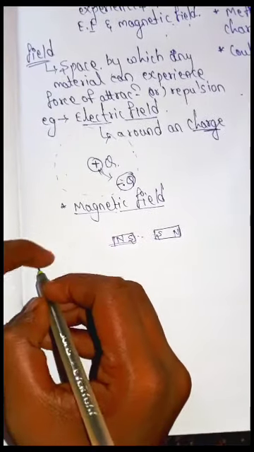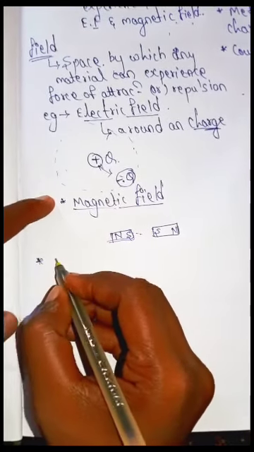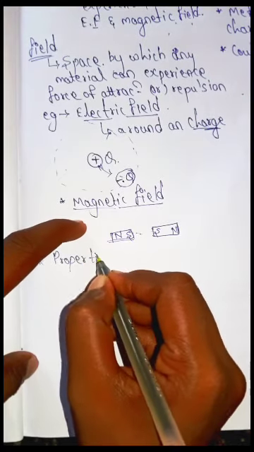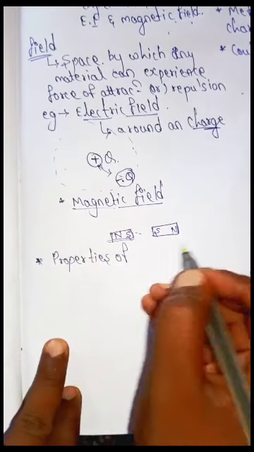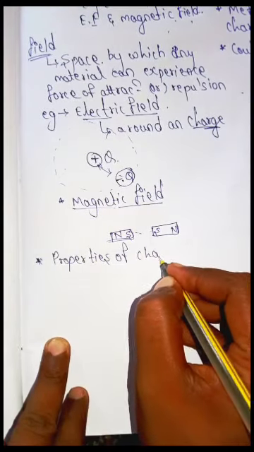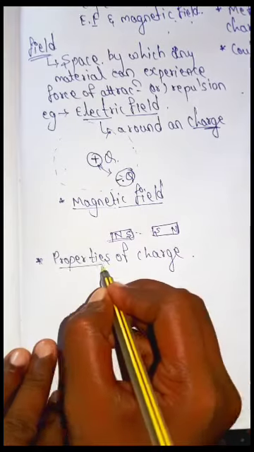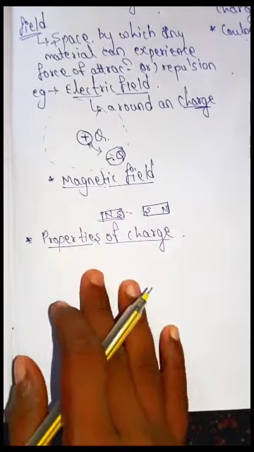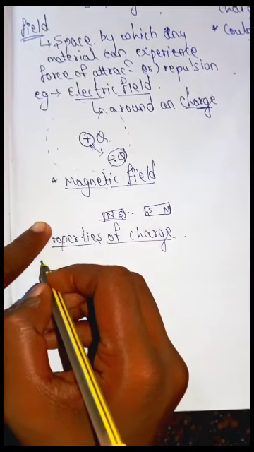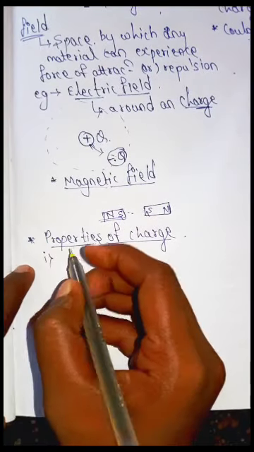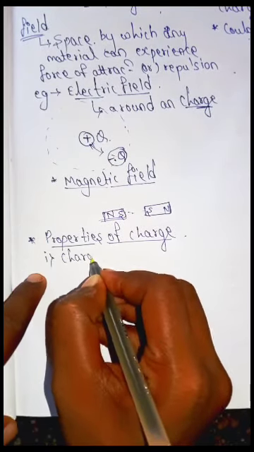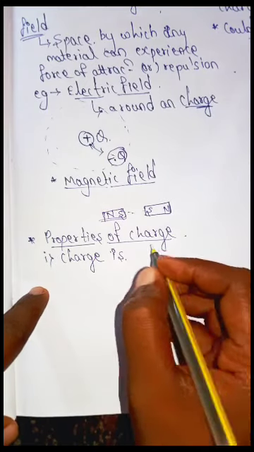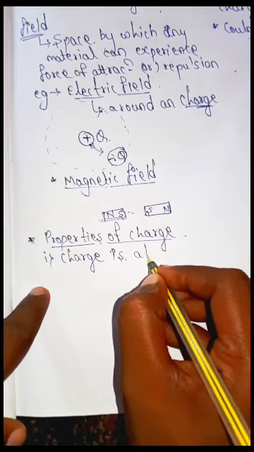Then next we learn about the properties of charge. There are three properties of charges. One is charge is additive in nature.